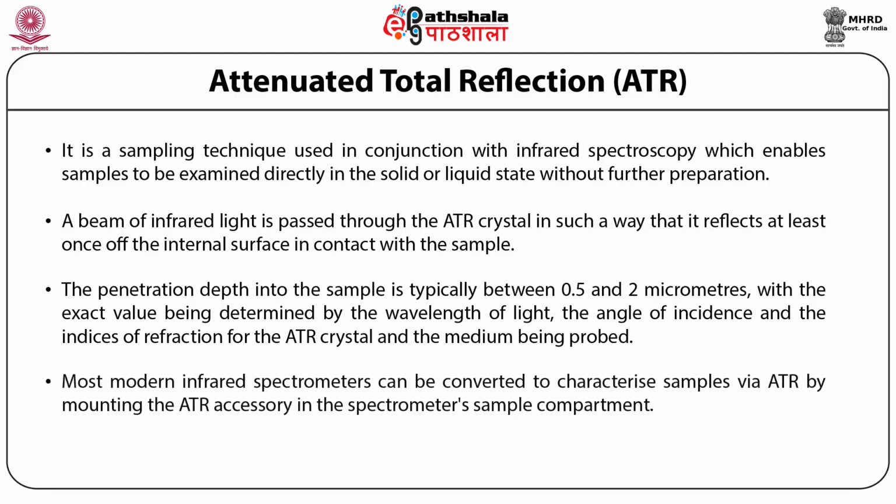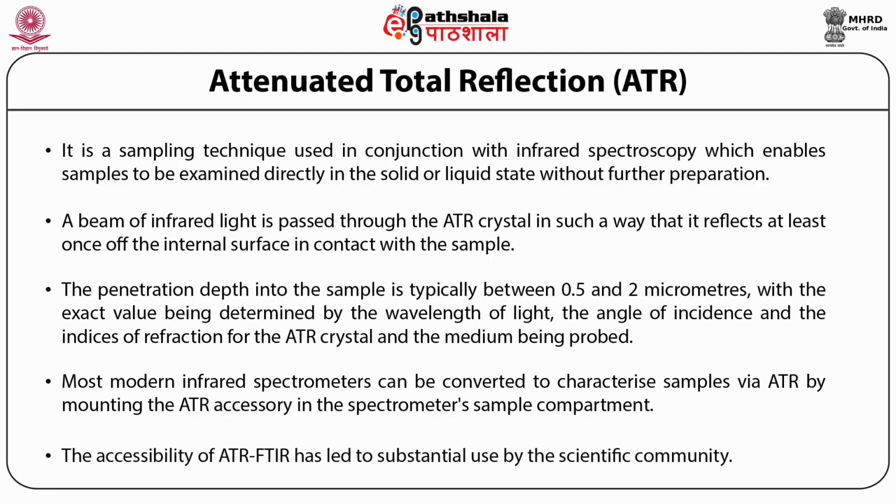Most modern infrared spectrometers can be converted to characterize samples via ATR by mounting the ATR accessory in the spectrometer sample compartment. The accessibility of ATR FTIR has led to substantial use by the scientific community.